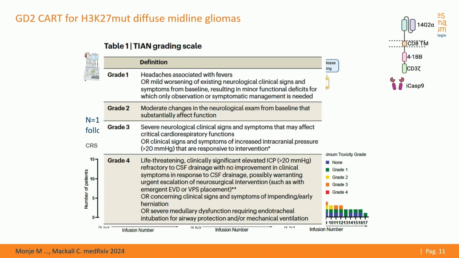And a new kind of criteria were introduced, the TAN, that was tumor inflammation associated neurotoxicity, and that has to do with a lot of neurotoxicity up till really needing invasive surgery to manage this toxicity.